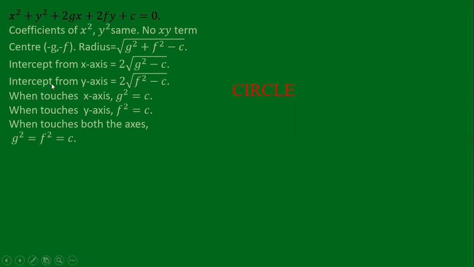When this circle touches x-axis, then g square will be equal to c. If the circle touches y-axis, then we get f square is equal to c. When the circle touches both the axes, then we get g square is equal to f square is equal to c.